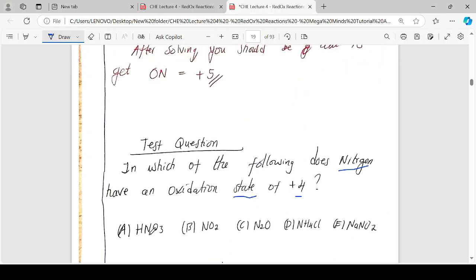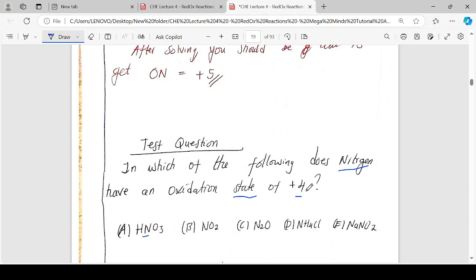So we're going to test with this one. What is the oxidation number of N, nitrogen, in this one? I've forgotten the name of this acid. Okay, so let us calculate the oxidation number.